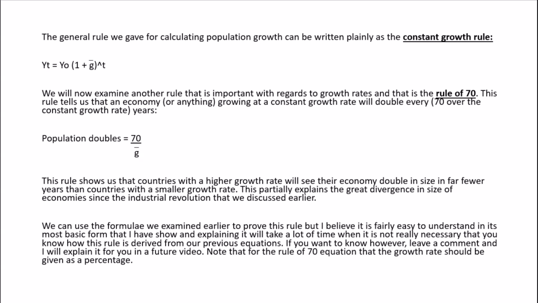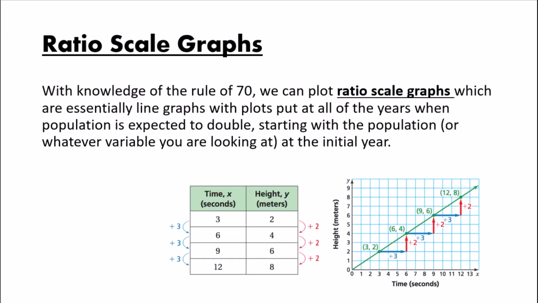We can use the formula we examined earlier to prove the rule, but it's fairly easy to understand as it is. Note that for the rule of 70 equation, the growth rate that we've got there should be given as a percentage and not a decimal.